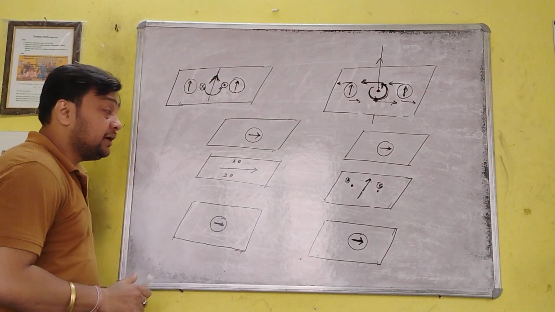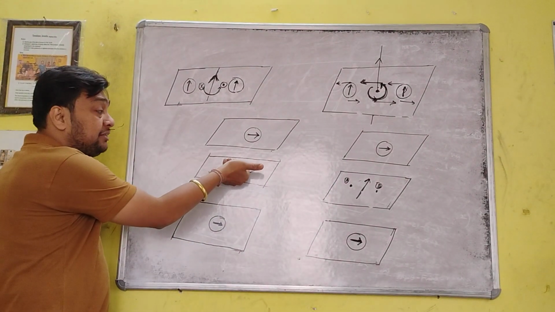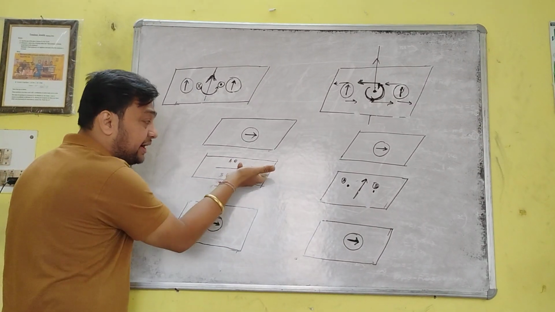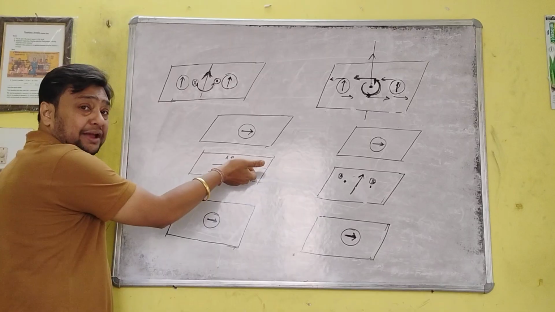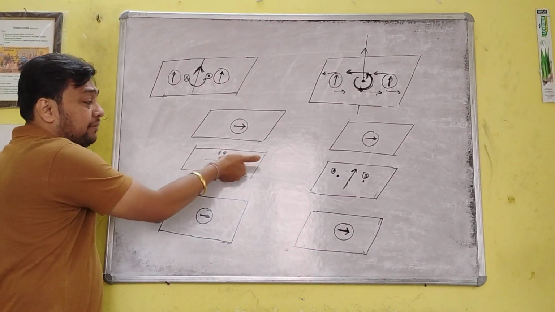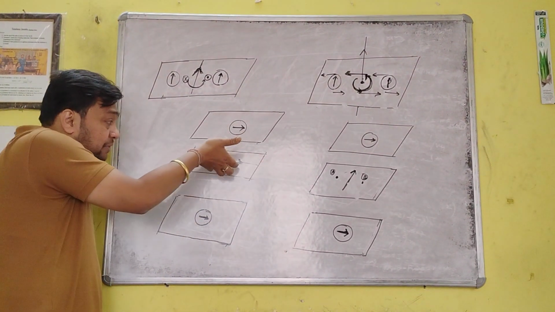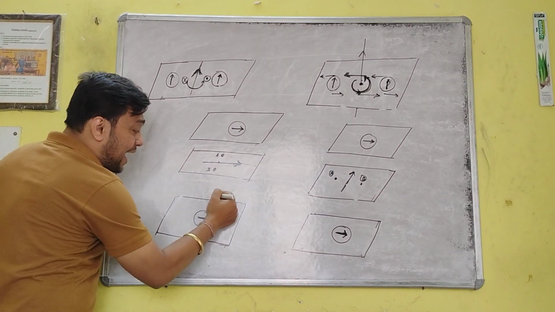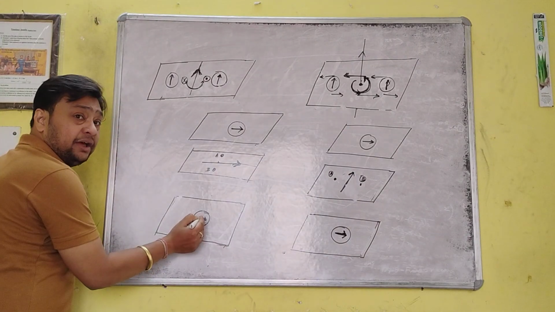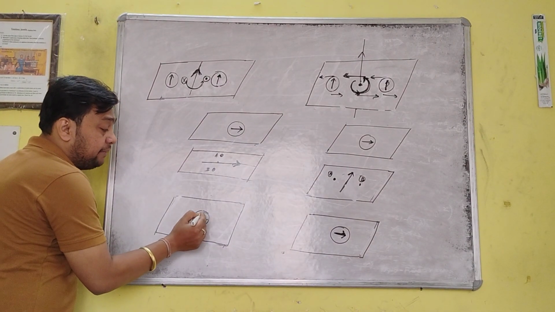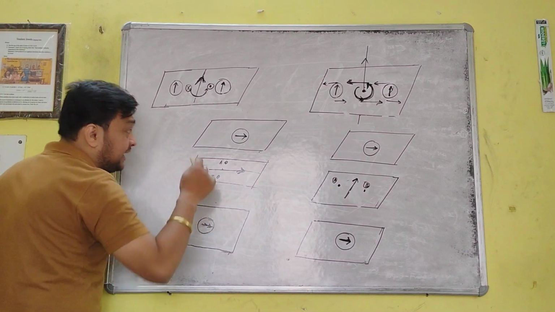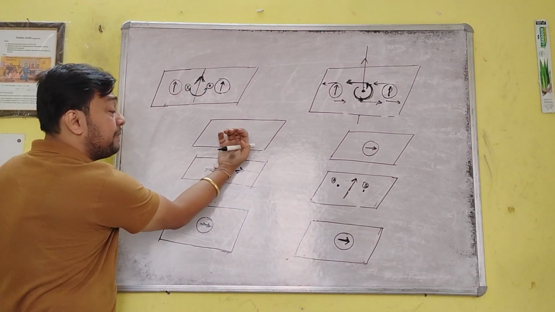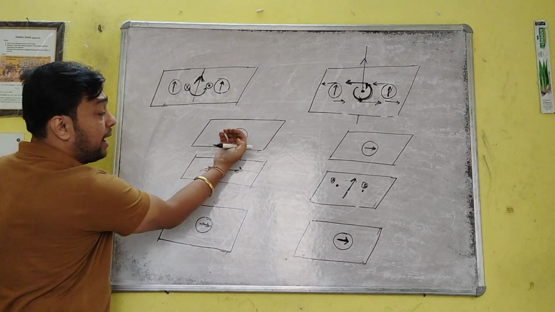Now if I again apply the right hand thumb rule, this arrow is actually showing the direction of the current. So according to this, if I put my right hand like this, the thumb is going in the direction of the current, so my fingers are going inside. Means below this wire, for this point of the compass, the magnetic field is going inside, and for this compass which is above the current carrying conductor, for this point the magnetic field due to this conductor will come outside.